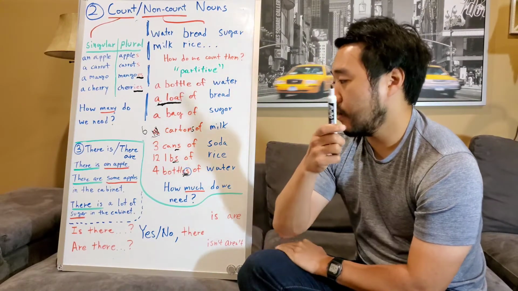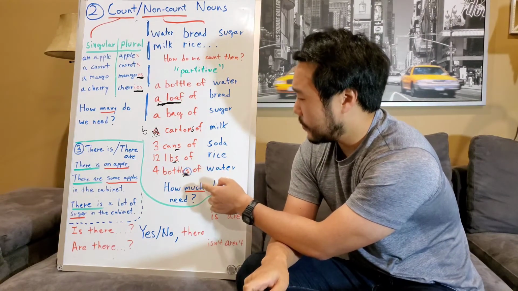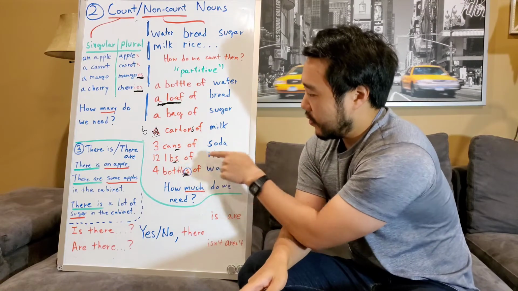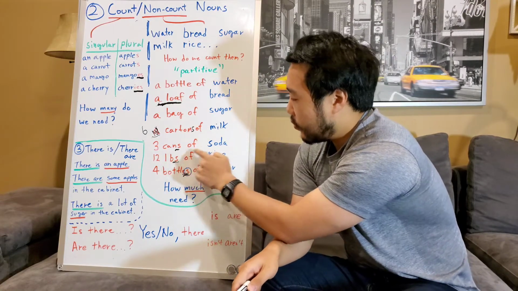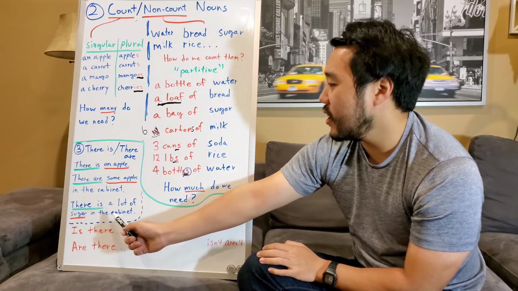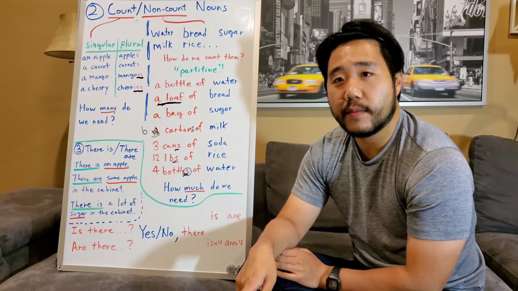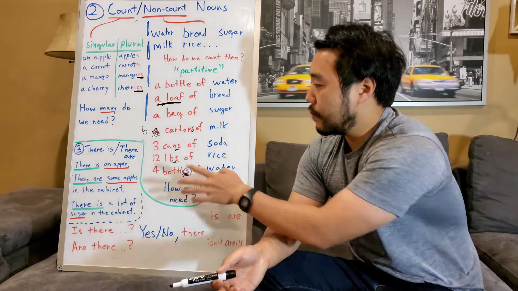And then the same thing goes here. If we use a partitive, let's say 3 cans of soda, then I have to say there are 3 cans of soda in the cabinet. Right?